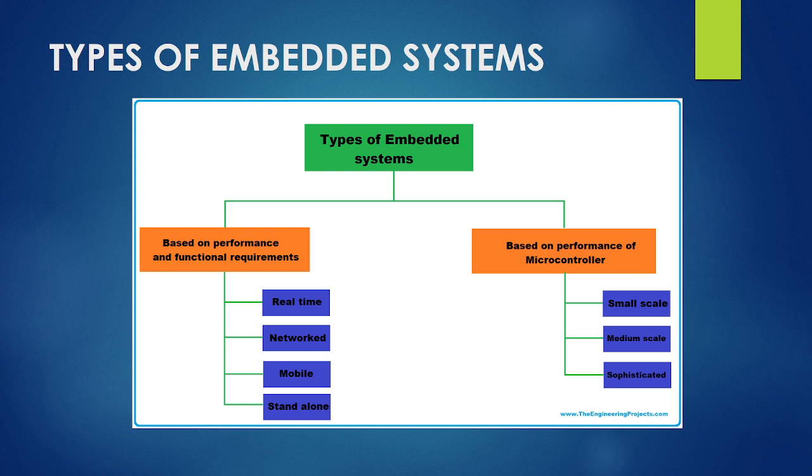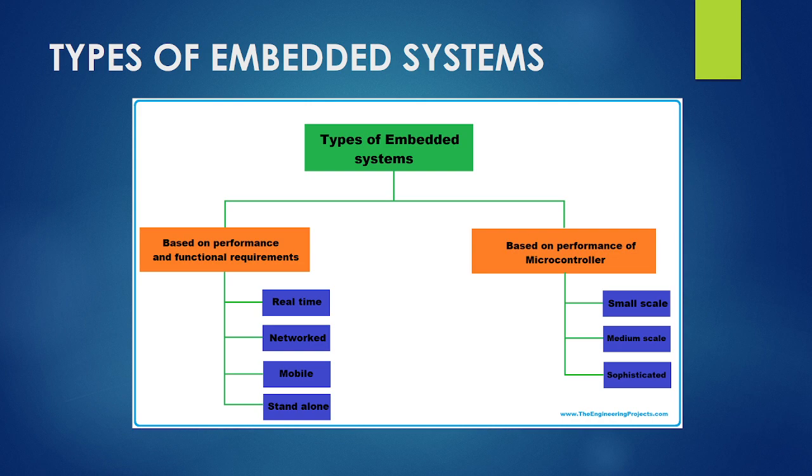A networked embedded system is an embedded system which depends on an external network, be it Wi-Fi, Bluetooth, or any other network, and based on that it operates. A mobile embedded system is any embedded system which is movable, which can move from one place to another. It includes drones, and it also includes a car.